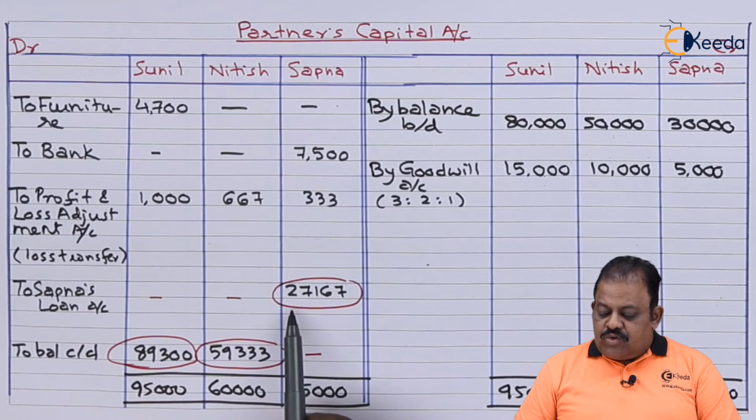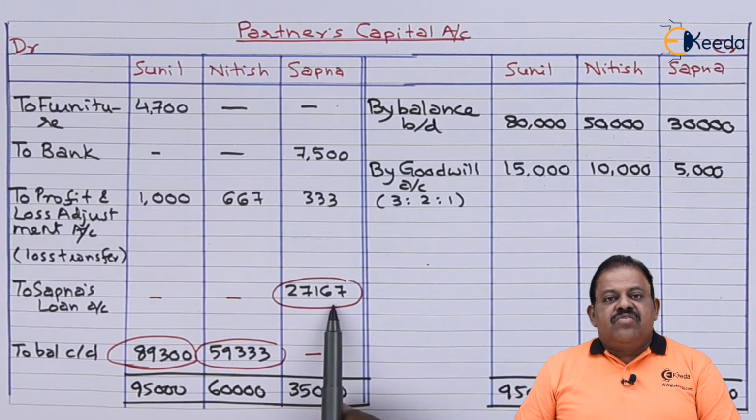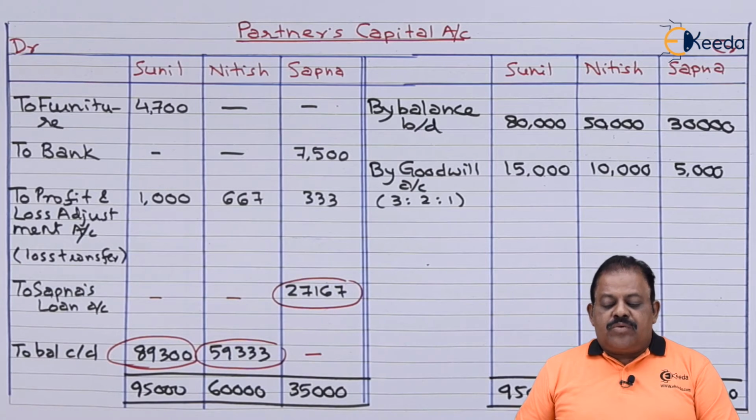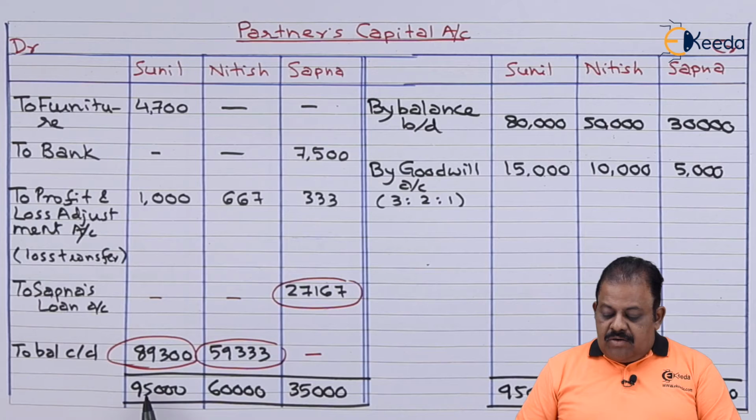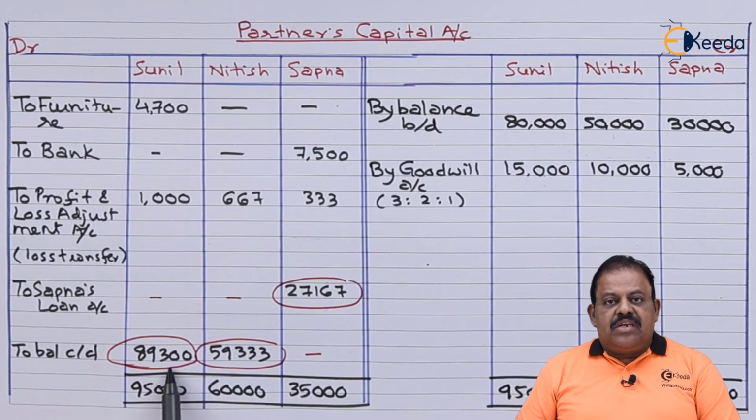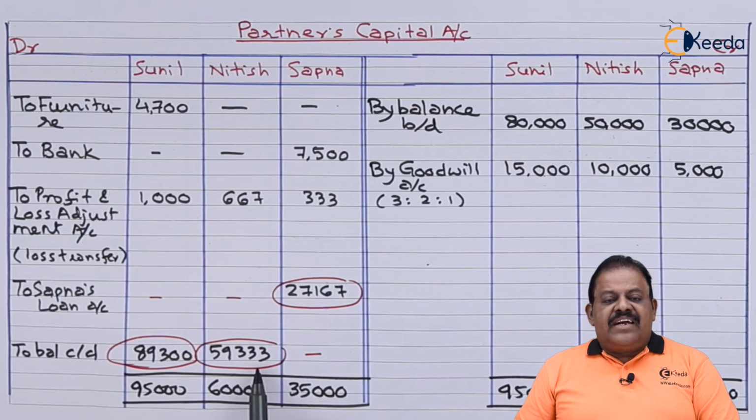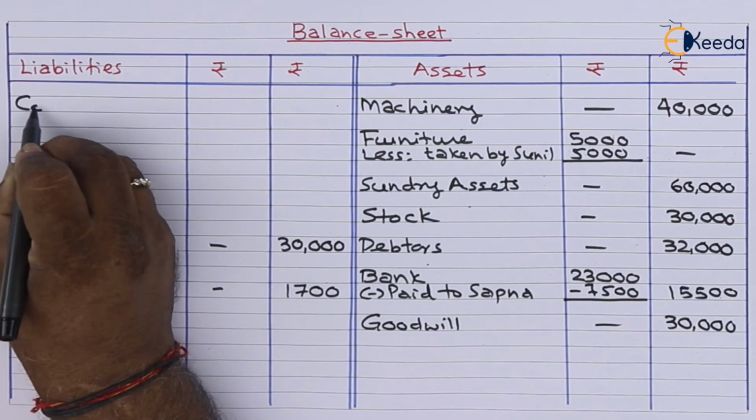Sapna's capital account shows amount payable 27,167. This will be transferred to her loan account. Sunil's capital account balance 89,300, Nitish capital account 59,333. This will be the closing balance which will be transferred to the new balance sheet on liability side.